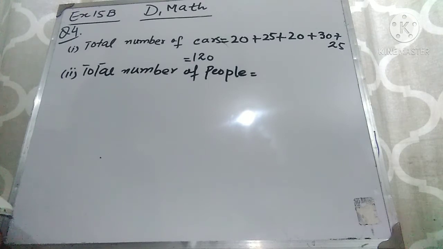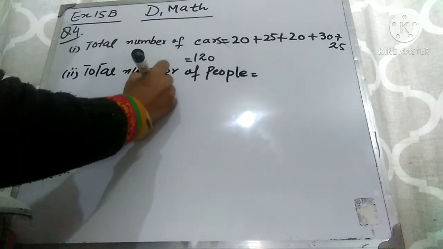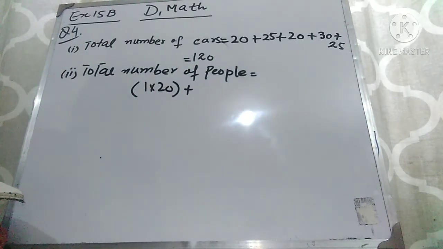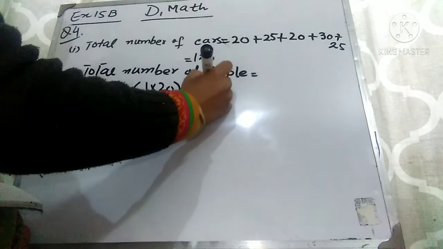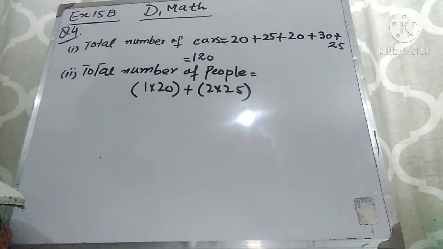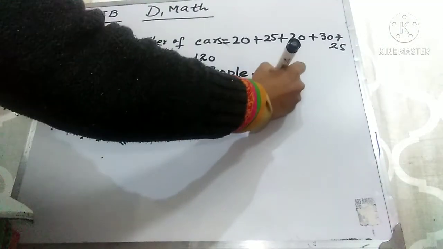For 1, the bar goes till 20, so you will multiply 1 with 20. And two persons are sitting in 25 cars because the second bar goes till 25, so you will multiply 2 with 25. And then three people are sitting in 20 cars, so we'll multiply 3 with 20.